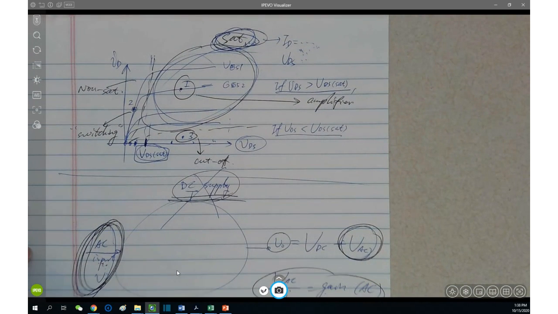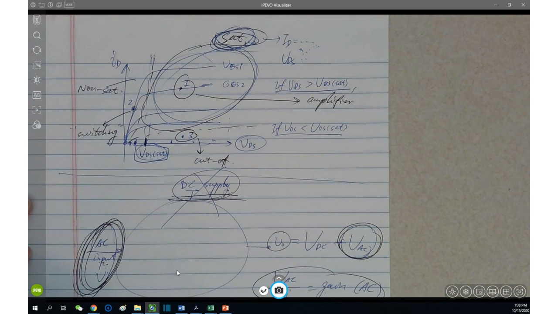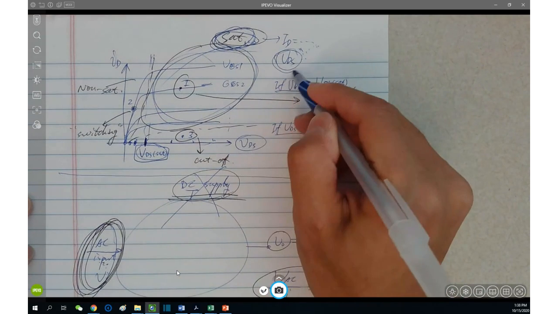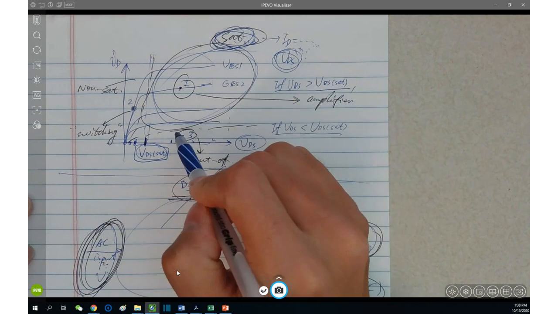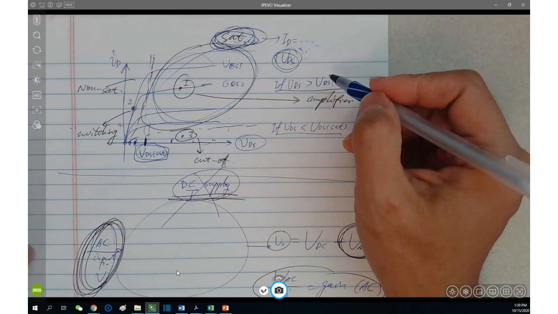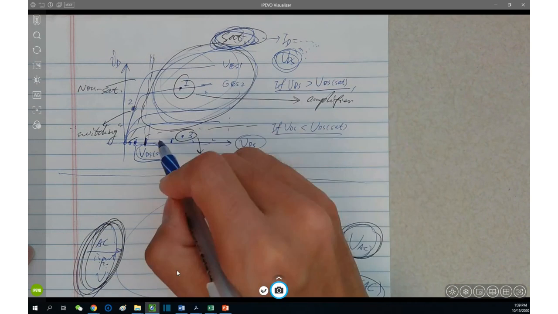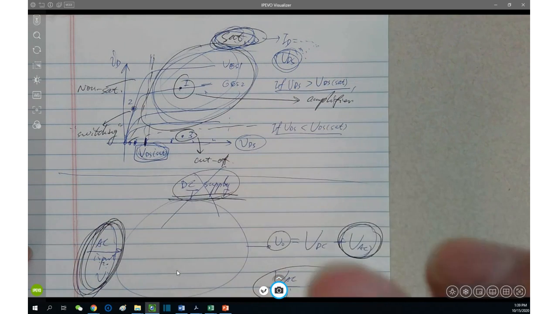Because saturation region means your VDS is greater than the VDS saturation. Now your result of VDS is not greater, it's smaller. Your assumption was wrong.